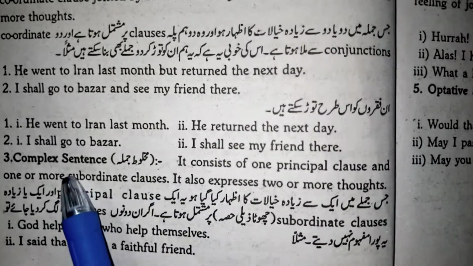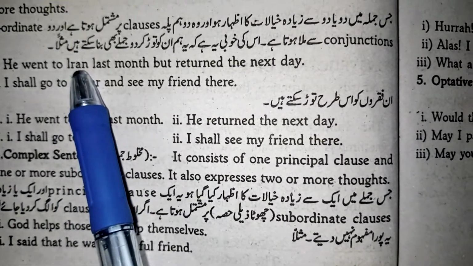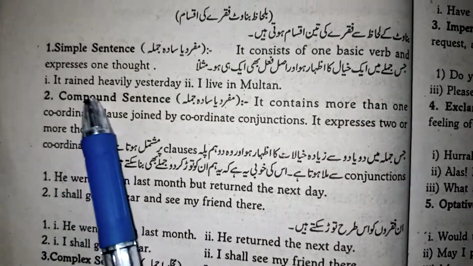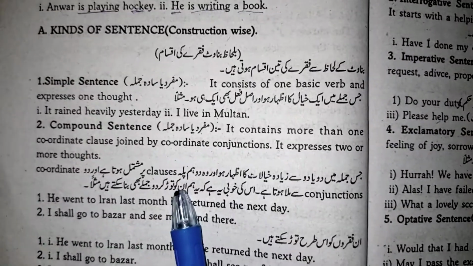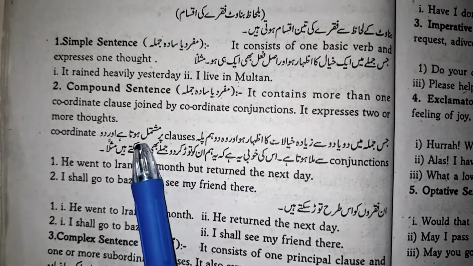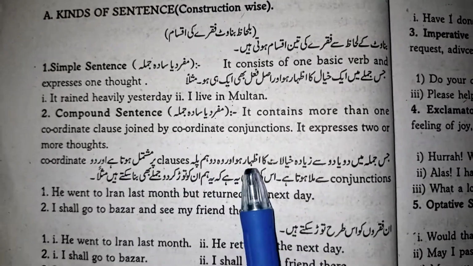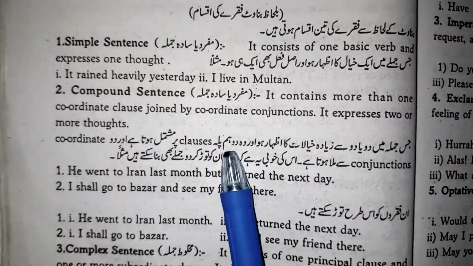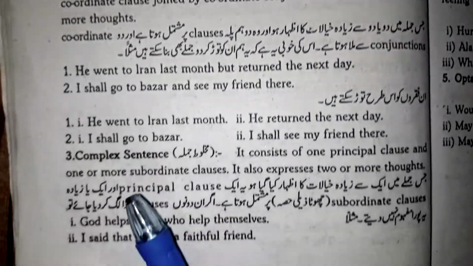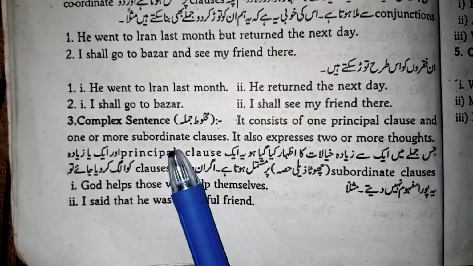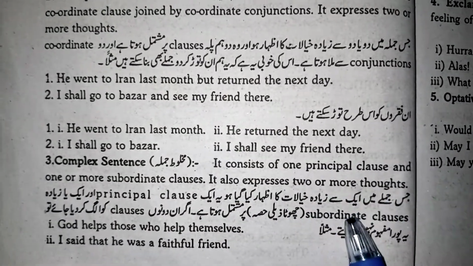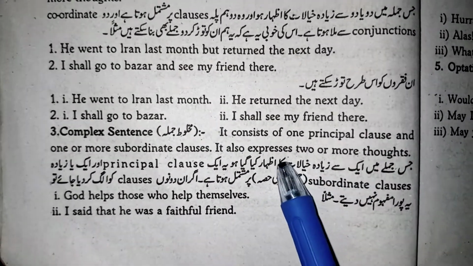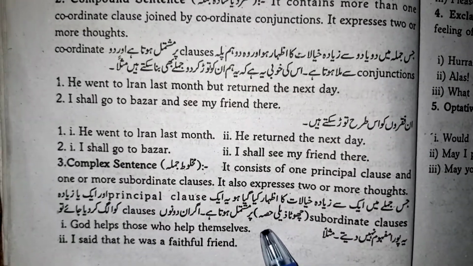So it is different from the compound sentence, as we have seen that in the compound sentence, two parallel sentences are joined, or we can say that two independent clauses are joined together by coordinating conjunctions. And in the complex sentence, we see that there is one principal or main clause, and the next clause is the dependent or subordinate clause.